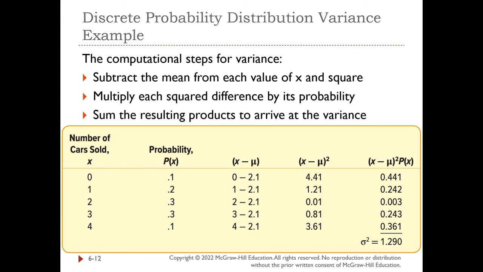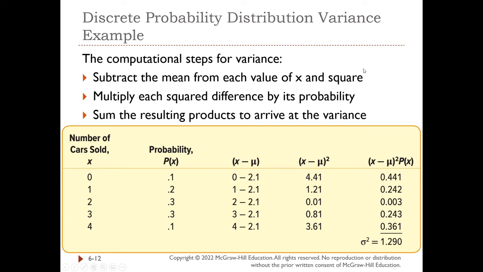Then we're going to square that answer. And then from the square, we're going to multiply it by our probability. And then, of course, we add it all up. That will give us 1.29. And then we find the square root of that, which gives us our standard deviation of 1.136.